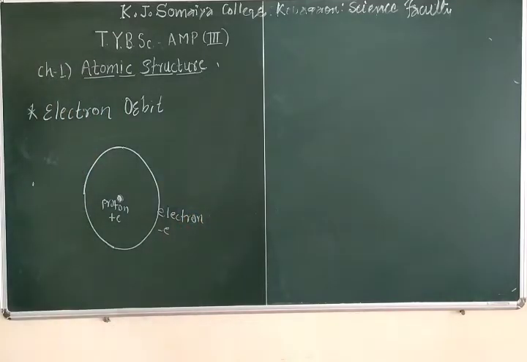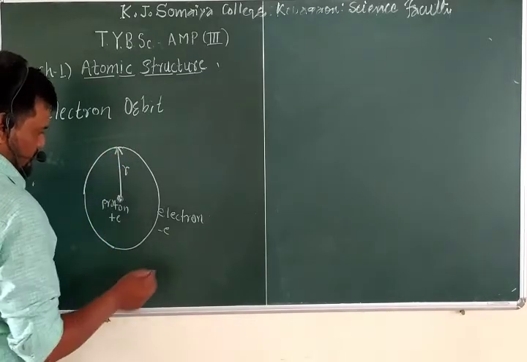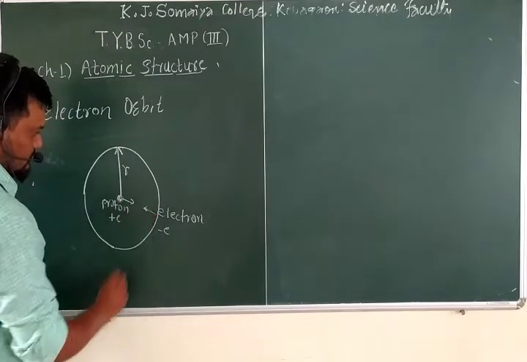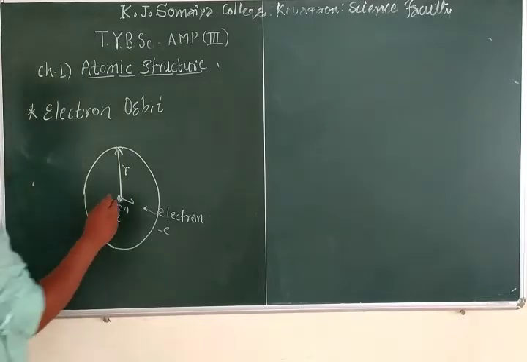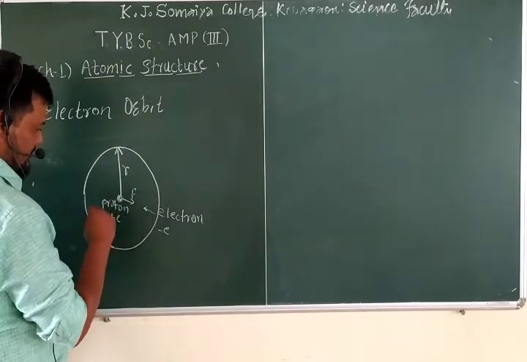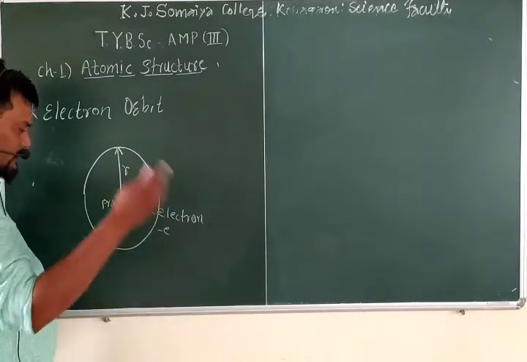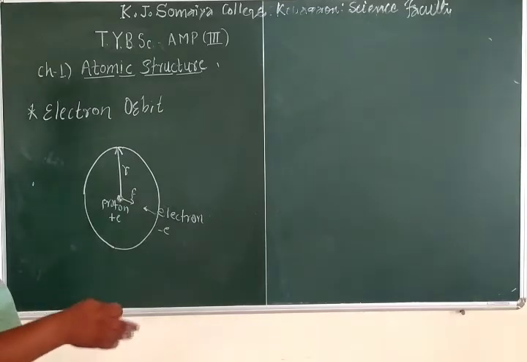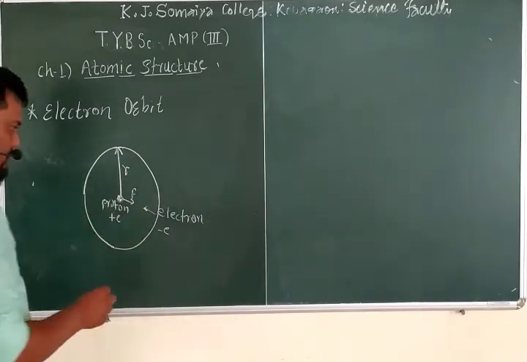This is the radius R, and the forces acting on the electron are Fe, the electric force, and Fc, the centripetal force, since the electron revolves around the nucleus and the force acts towards the center.